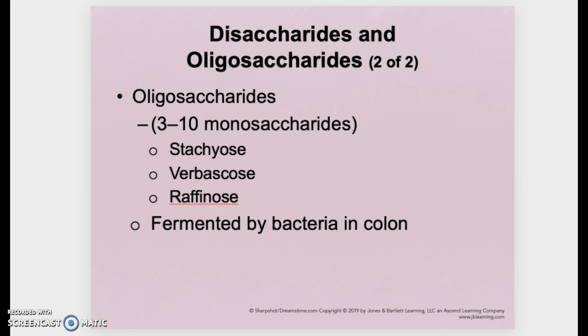But these are what's to blame for flatulence, right? So you think of beans and legumes, a lot of times they make people gassy, right? They need to take Beano or other things like that. That is because of their oligosaccharides. So we don't break those down as much as we do our other carbohydrates, and they then will ferment in our colon. So your oligosaccharides are usually to blame for your gas.